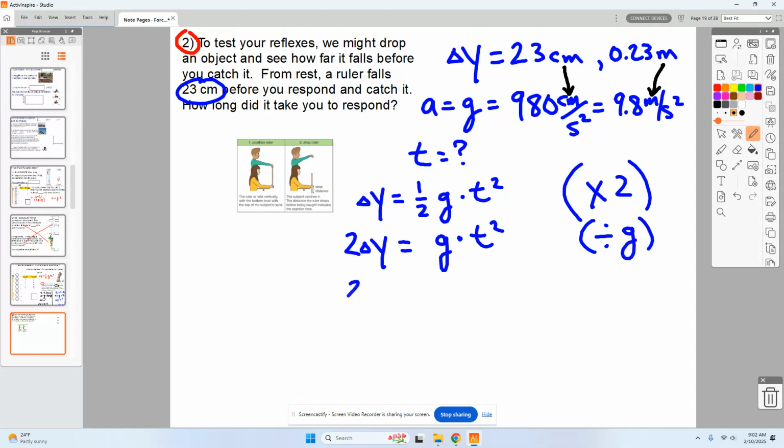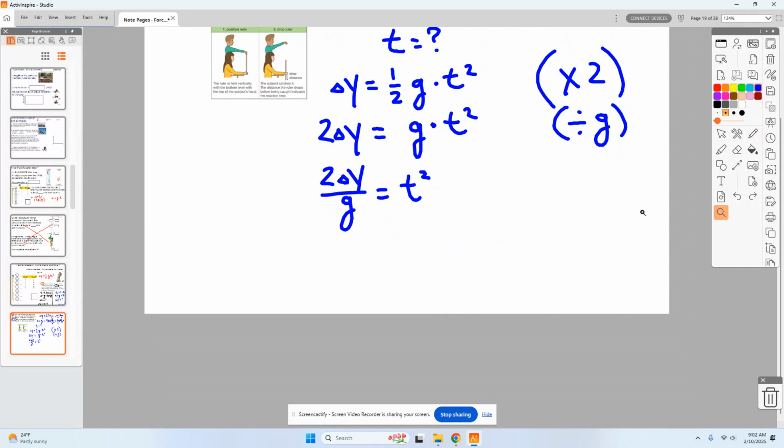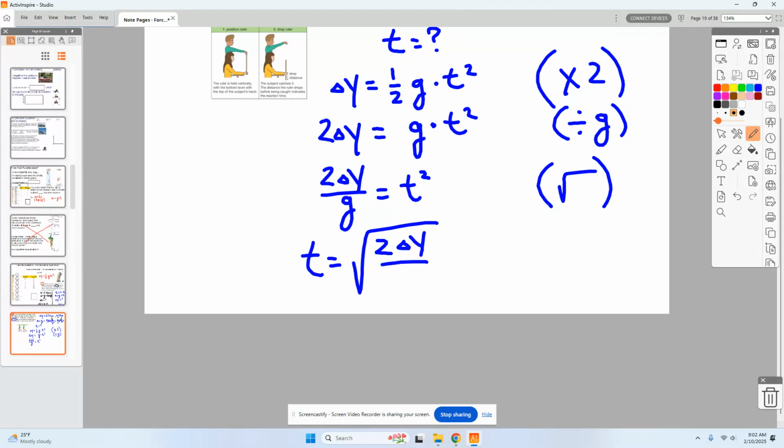That becomes 2 delta y divided by g is equal to t squared. And then since I'm looking for time, I'm going to take the square root of both sides. That becomes t is equal to the square root of 2 times change in y divided by g.